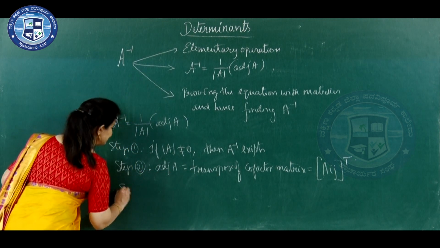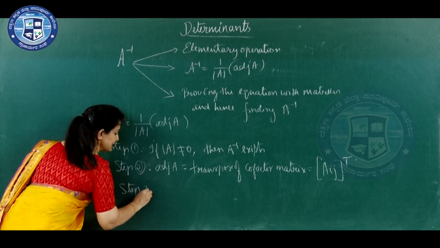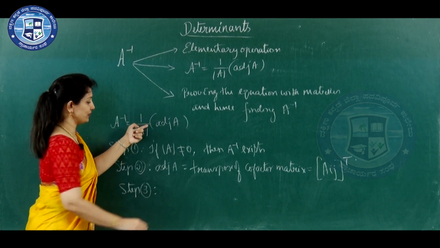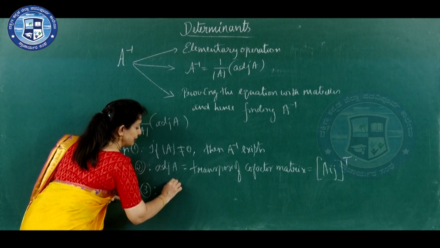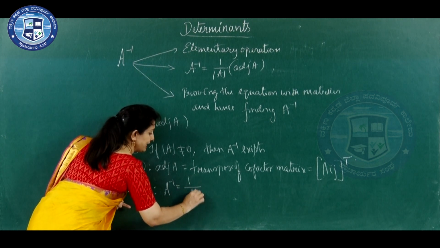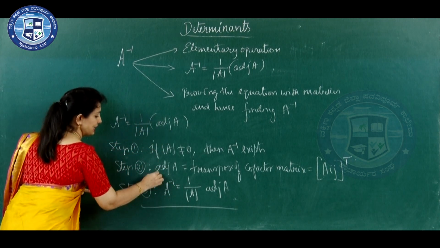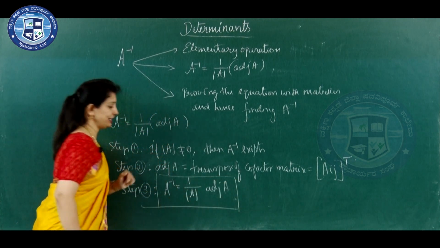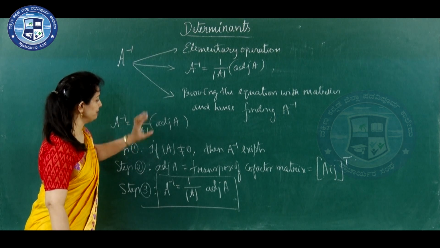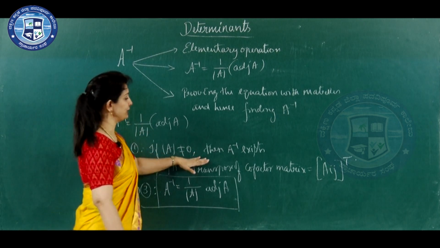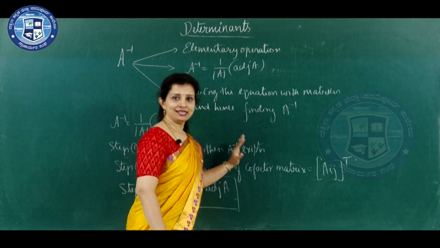And step 3 is to find A inverse using 1 by determinant A into adjoint A. Using this formula, find the value of A inverse. So, first step, find determinant A, which is not equal to 0, that means A inverse exists.